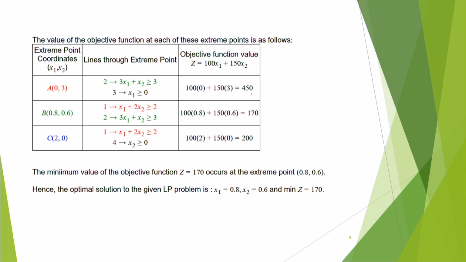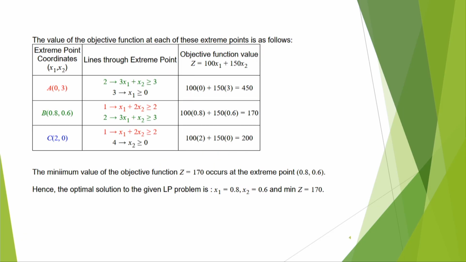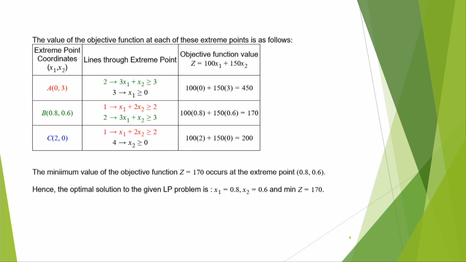So 100 into this, 450. Similarly, the intersection of these two lines gives 0.8, 0.6, which gives 170. Then they have also done the C point, this one, that means this point is 2, 0 and it gives you 200. So by the extreme point method we automatically see that we get the minimum value at 170.